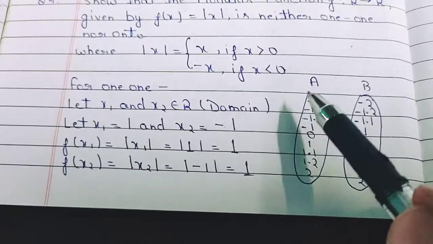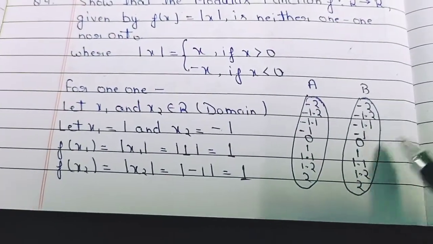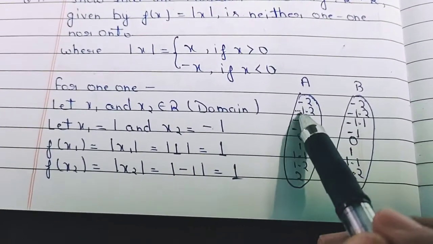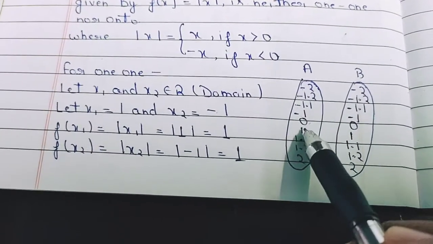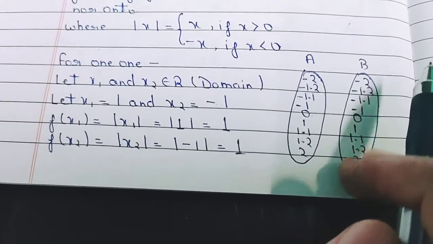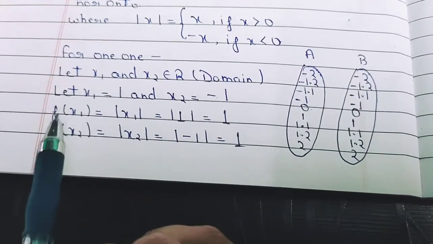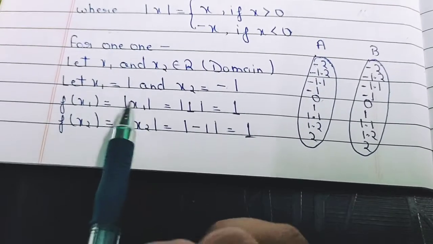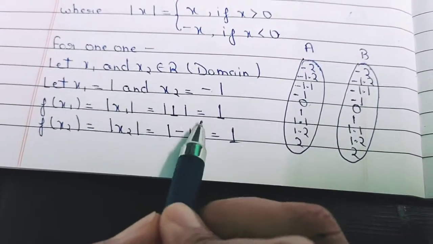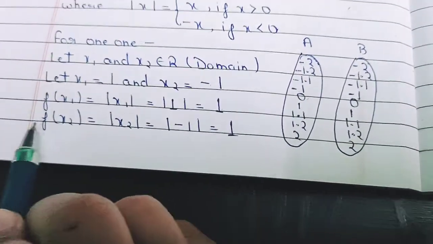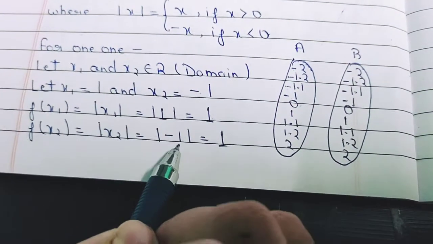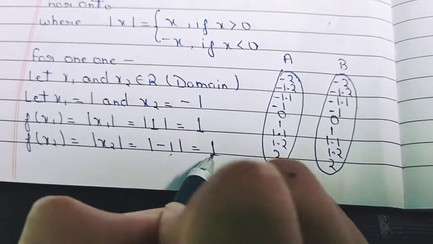For clarification, I will make two sets over here, set A and B, of all real numbers: 0, -1, -1.1, -1.2, -2, and 1, 1.1, 1.2 and 2, and similarly in set B. So f(x1) = |x1|; putting the value of x1, the modulus of 1 is 1. Next, f(x2) = |x2| with x2 = -1, so the modulus of -1 gives us 1.